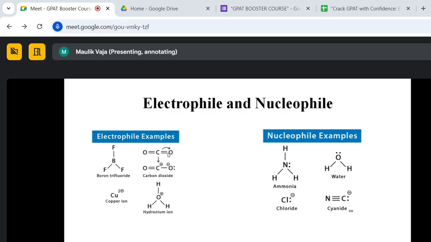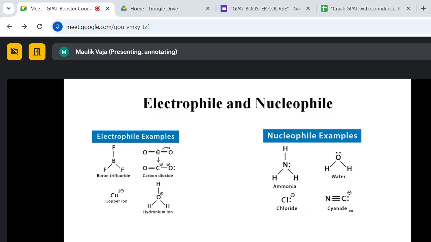In C double bond O, oxygen is a highly electronegative atom, second after fluorine. So oxygen will pull electrons towards itself, and carbon becomes electron deficient, and that's why carbon becomes delta positive, and it becomes an electrophile.